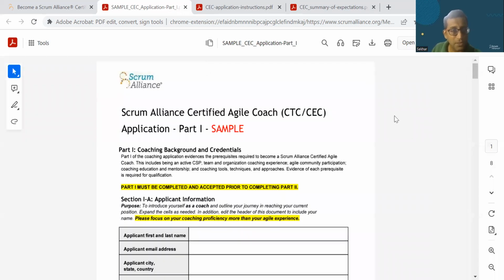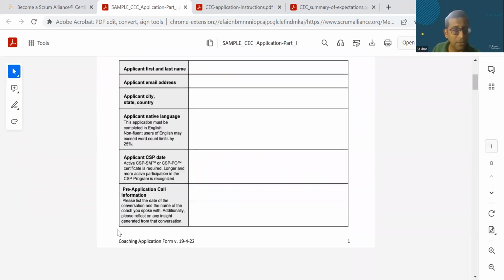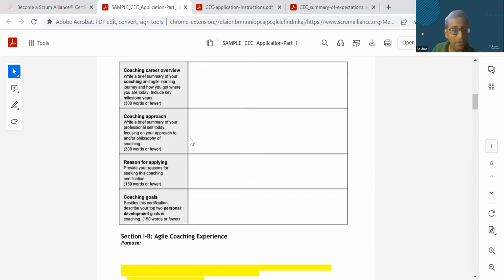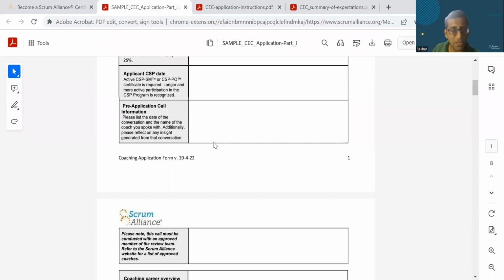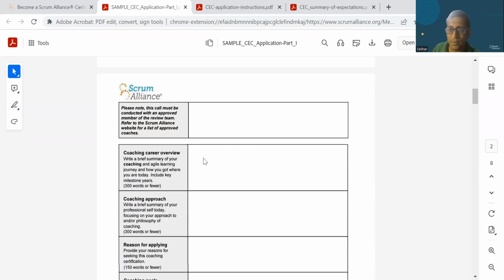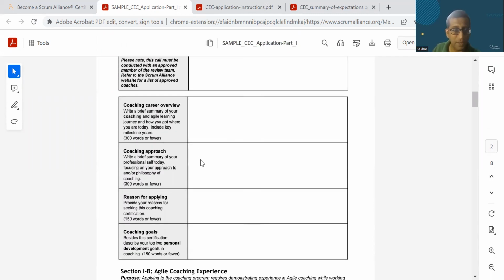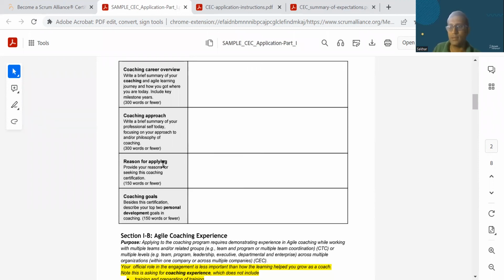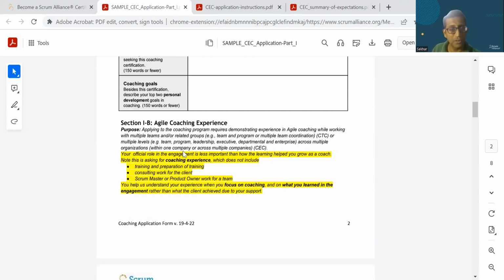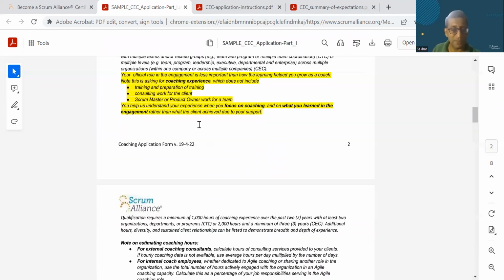You need to specify all the information given here, on what date you became a CSP. Then we want to learn about your coaching career, your coaching approach, the reasons behind applying for the CEC, your coaching goals, and agile coaching experience.